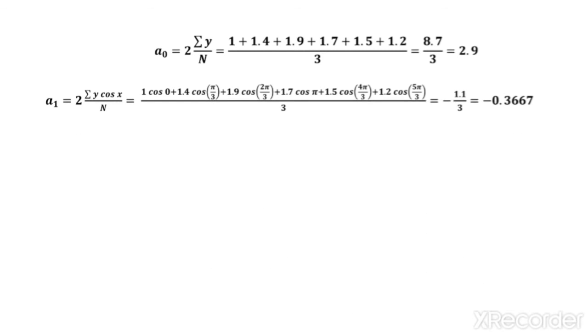A1 value is got by writing 2 summation y cos x by n. Again n is 6, 2 by 6 is 1 by 3, and the values of x vary from 0, second value pi by 3, third value 2 pi by 3, then 4 pi by 3, then 5 pi by 3. So replace all x values from beginning to end, other than the excluded value.